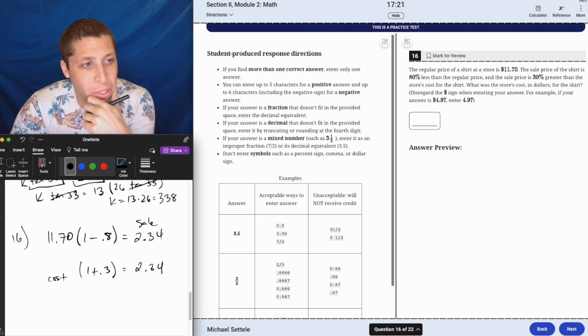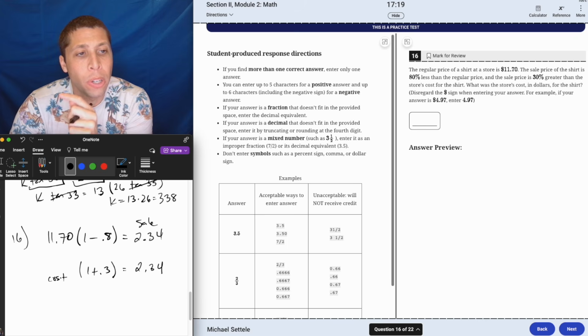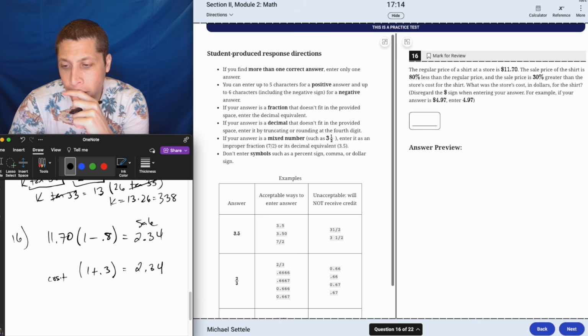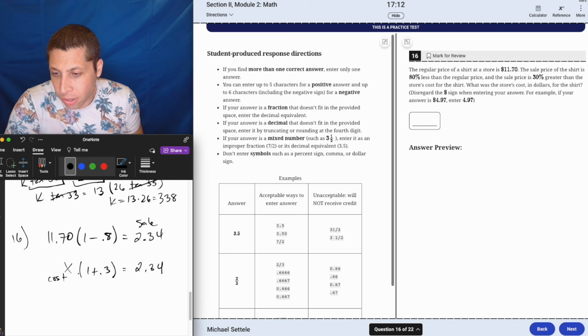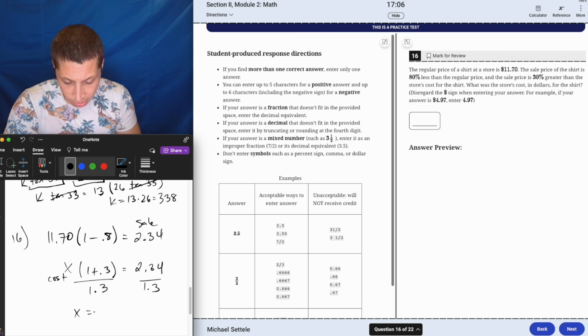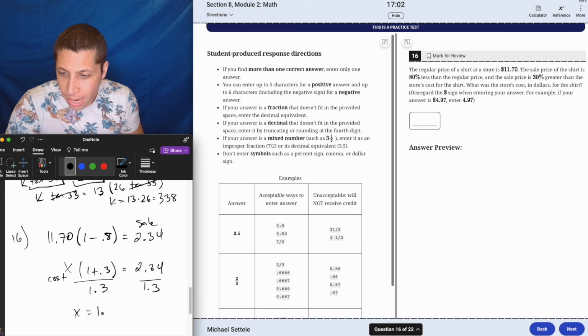And the sale price is 30% greater than, right? The than is pointing me to the original value. So the sale price is 30% greater than the store's cost. So let's just call that X for now. So I'm going to divide both sides by 1.3. So X is 2.34 divided by 1.3, which is 1.8, so $1.80.